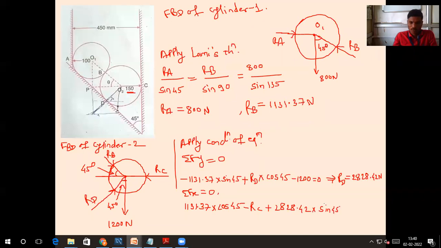So in this equation, you can move RC to the other side. The remaining terms as they are, you can calculate. RC equals nothing else. Calculate RC.